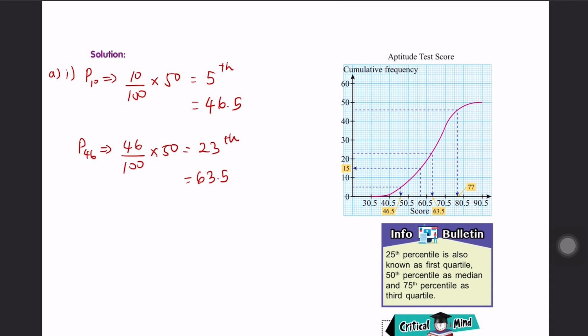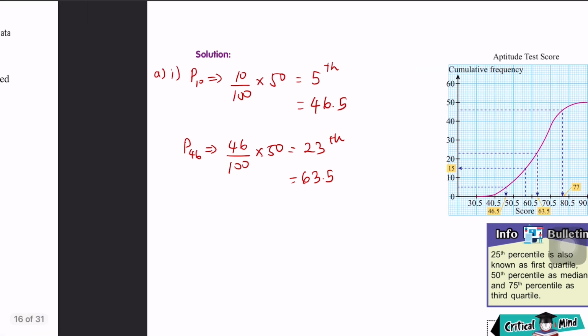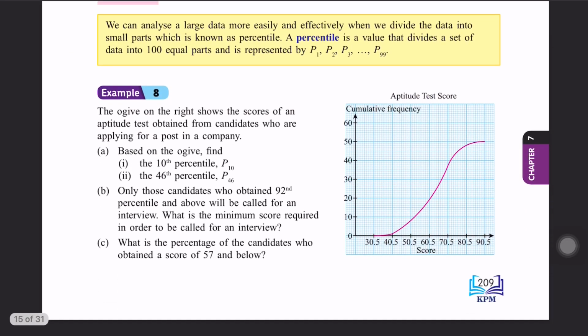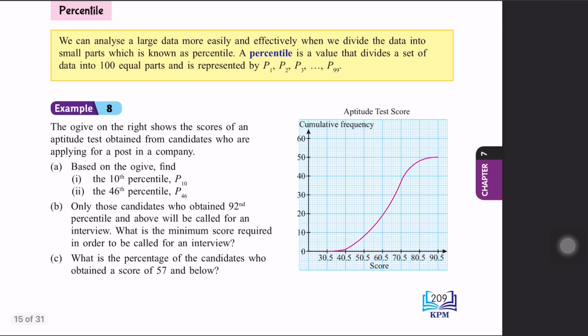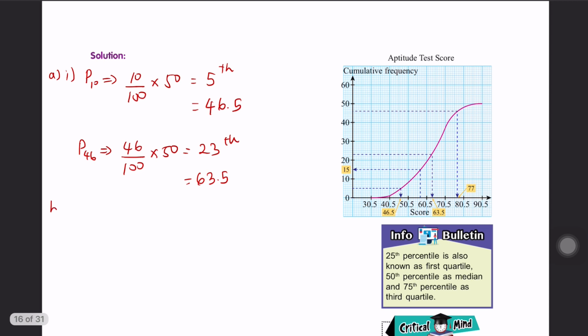Okay, next. Okay, dia nak apa next? Only those candidates who obtain 92nd percentile and above will be called for an interview. What is the minimum score required in order to be called in interview? Okay. So dia kata tadi markah paling tinggi adalah 92nd percentile.